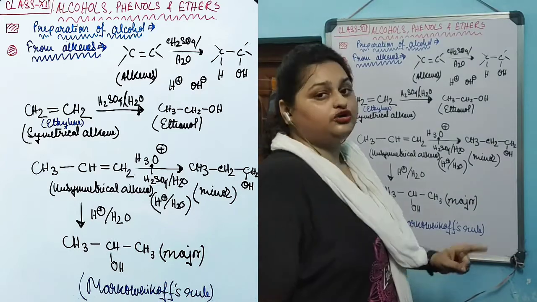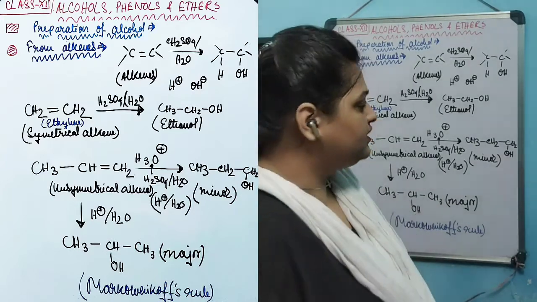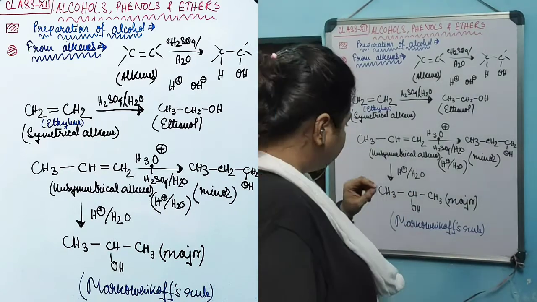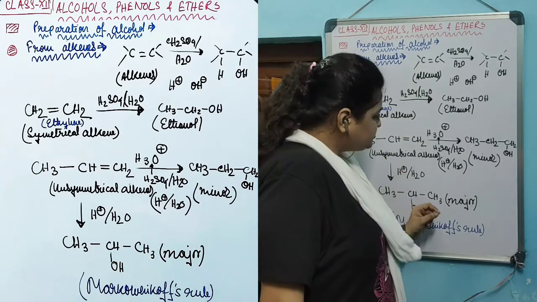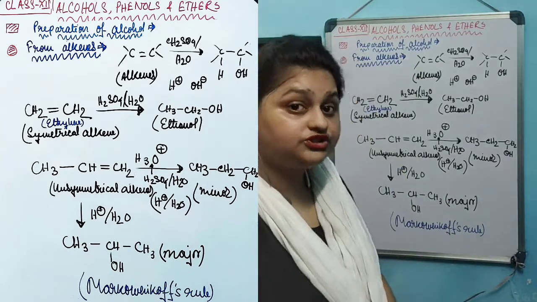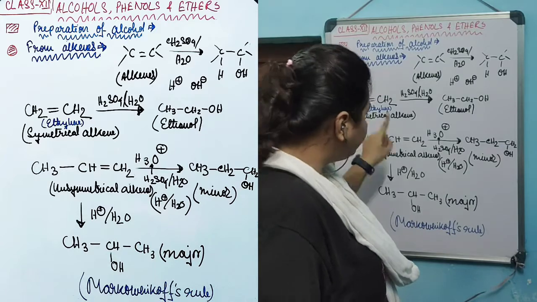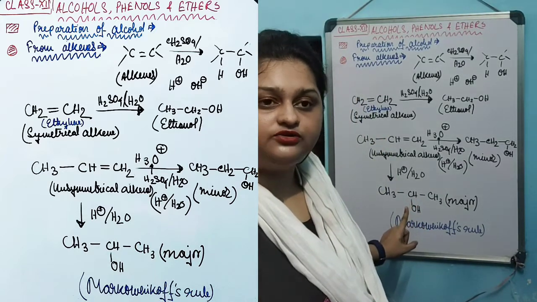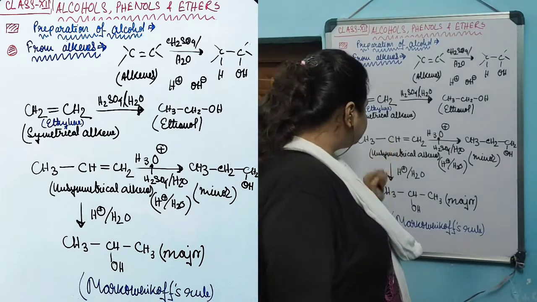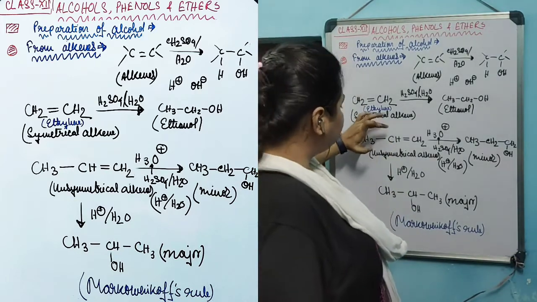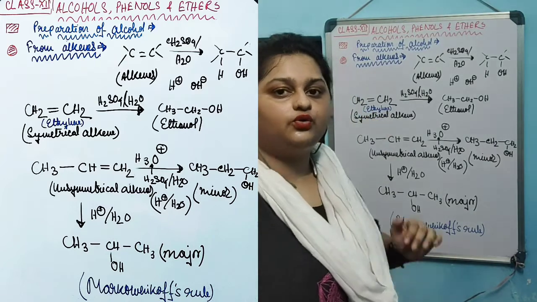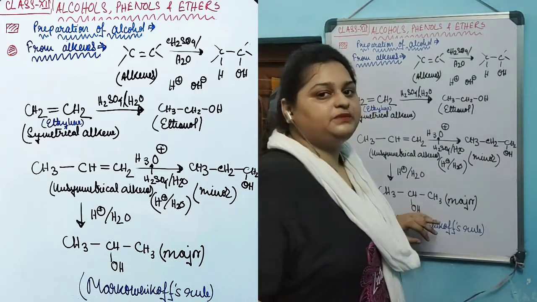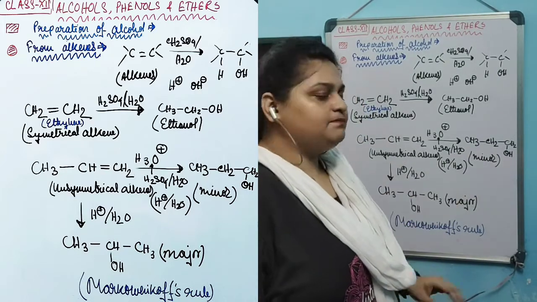Then a mixture of products is formed, in which Markovnikov rule will be followed, producing a major product in a major amount, in which the OH group will be added to that double bonded carbon which has fewer hydrogens. Like in this case, the hydrogen is less in this middle carbon, so the OH will add preferentially on this carbon, producing this compound in major amount, and this as a minor amount.